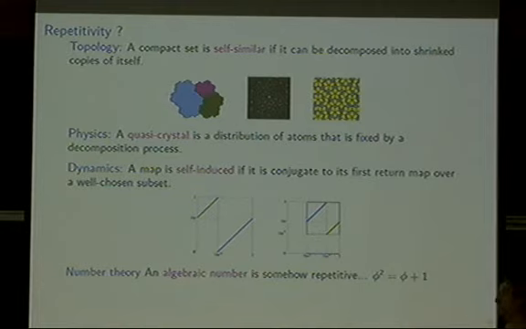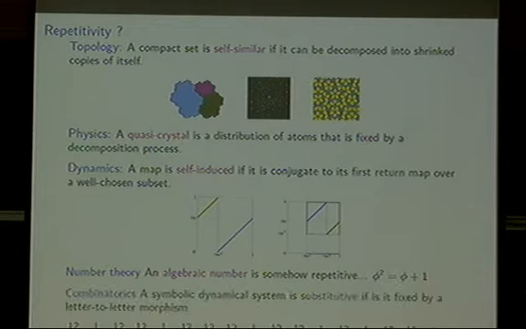And if you go to number theory, when you say that phi squared equals phi plus 1, in some sense it is also repetitive because you can recompose phi squared by using the initial steps. Okay?